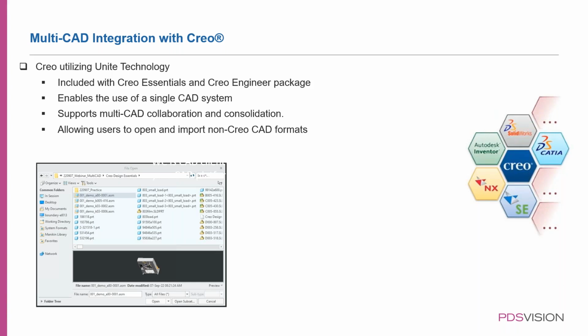It allows users to open and import non-Creo CAD files such as SolidWorks, CATIA, and NX. So users can easily open up files from other popular platforms without having to have those CAD programs installed. And this can save valuable time and effort with data migration.